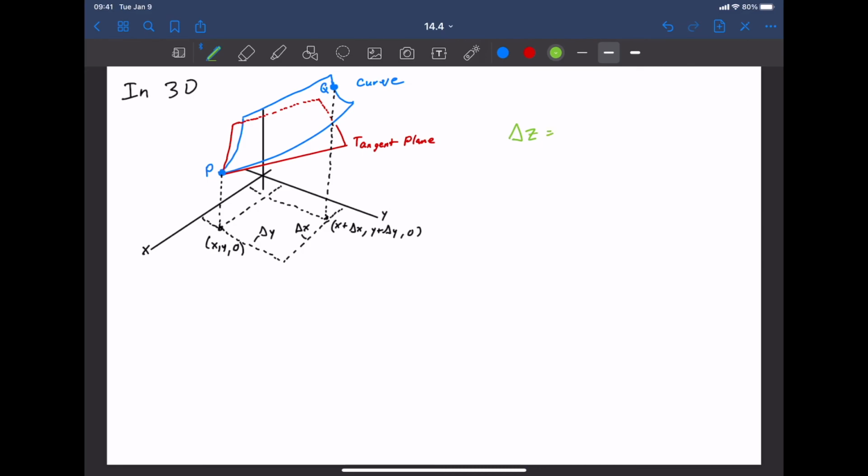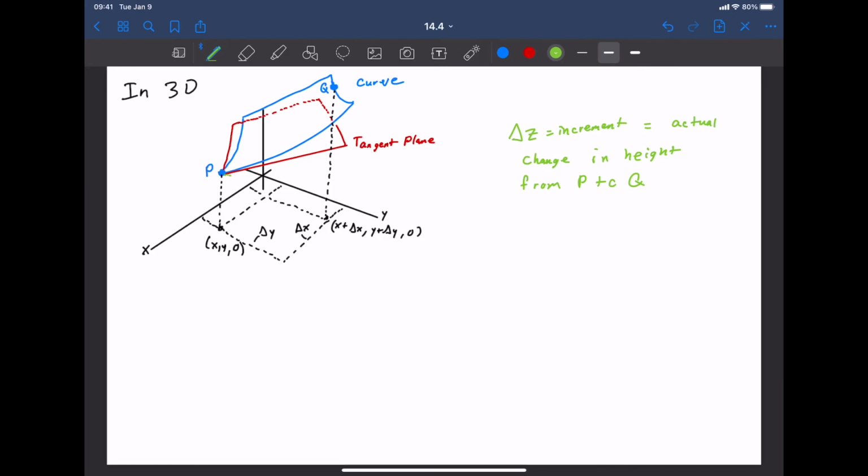Delta z, the increment, is the actual change in height from P to Q. Very literally, it's going to be z minus z naught, that kind of thing.